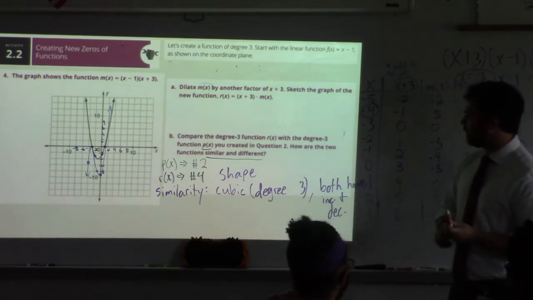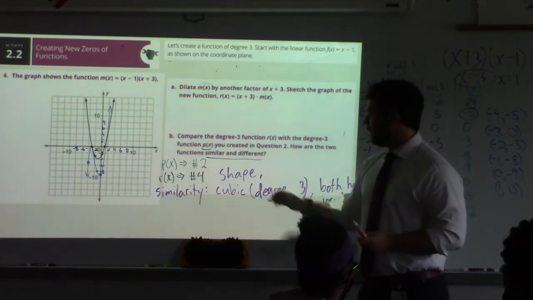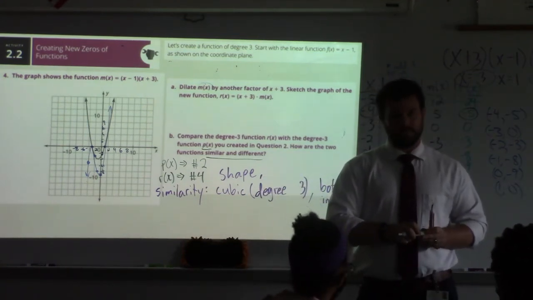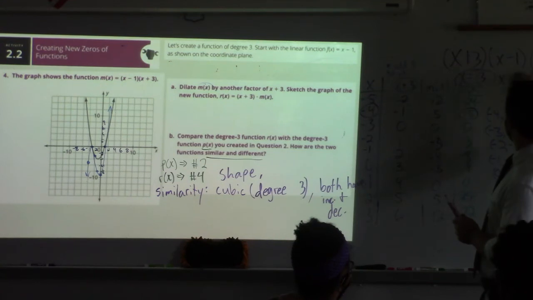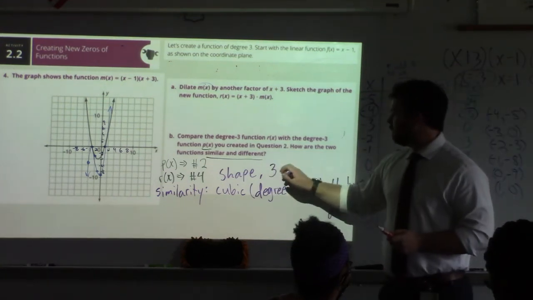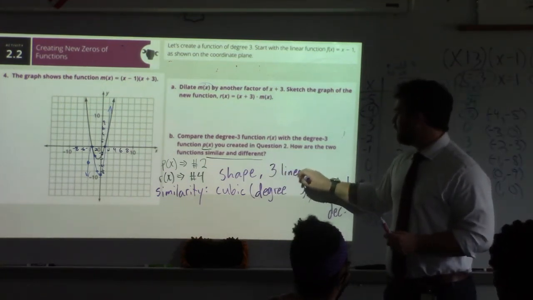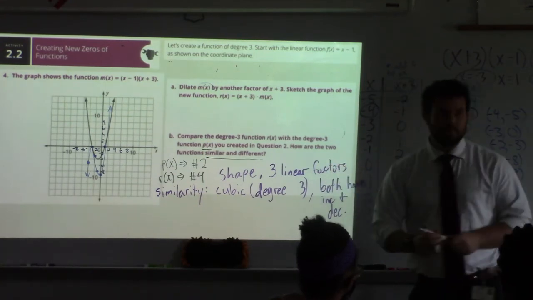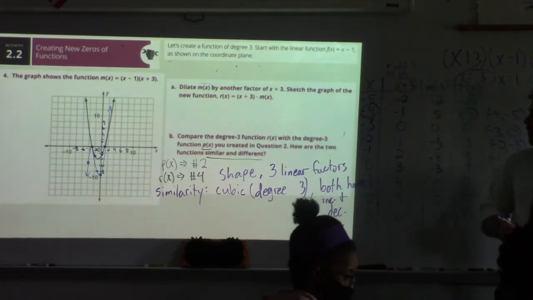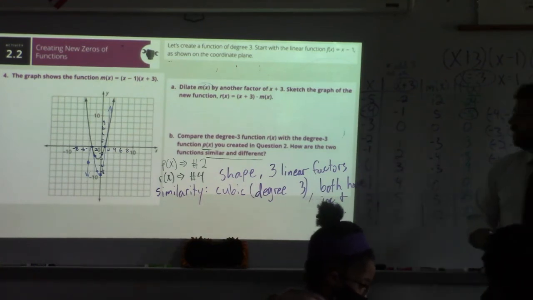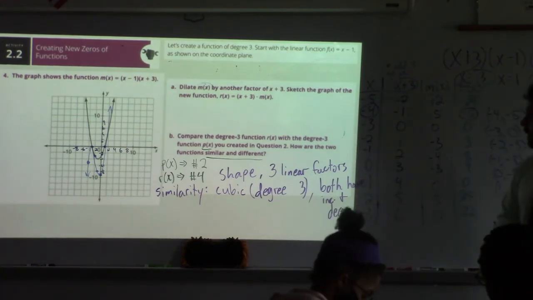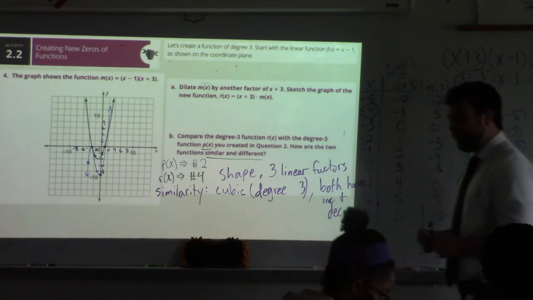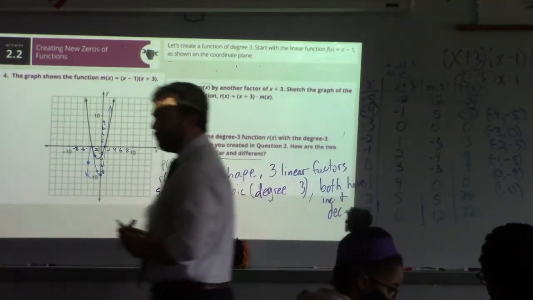Yeah, how many factors? 3. 1, 2, 3. Right? So 3 linear factors. Remember those 3 linear factors are connected to the 3 zeros, which end up being 2 x-intercepts.